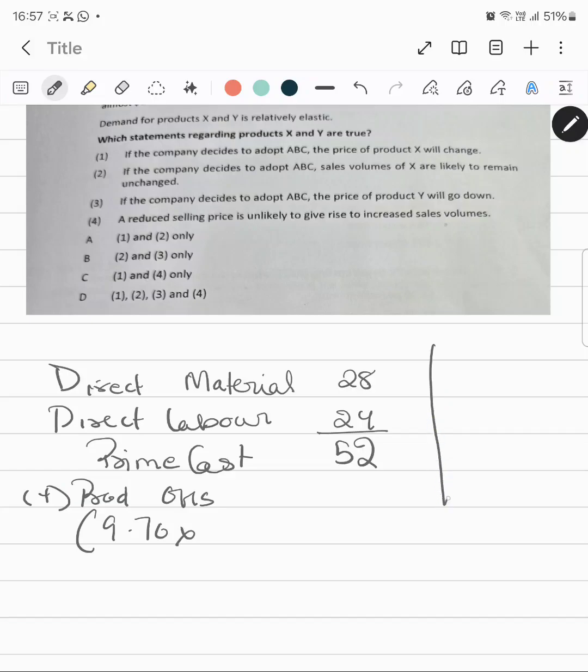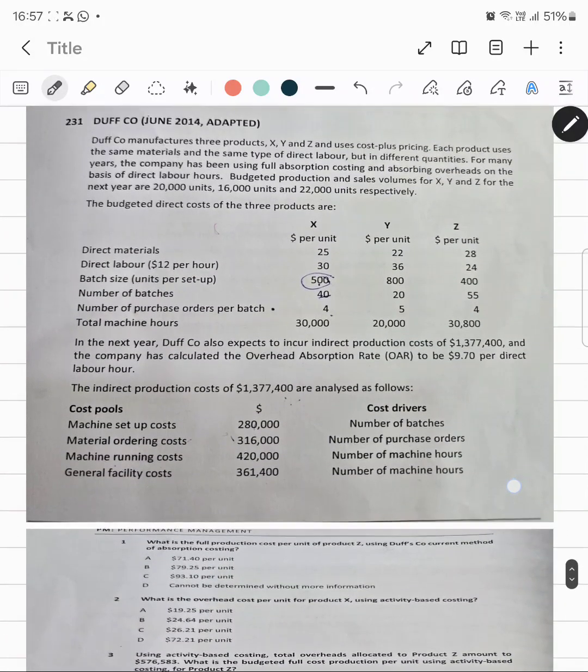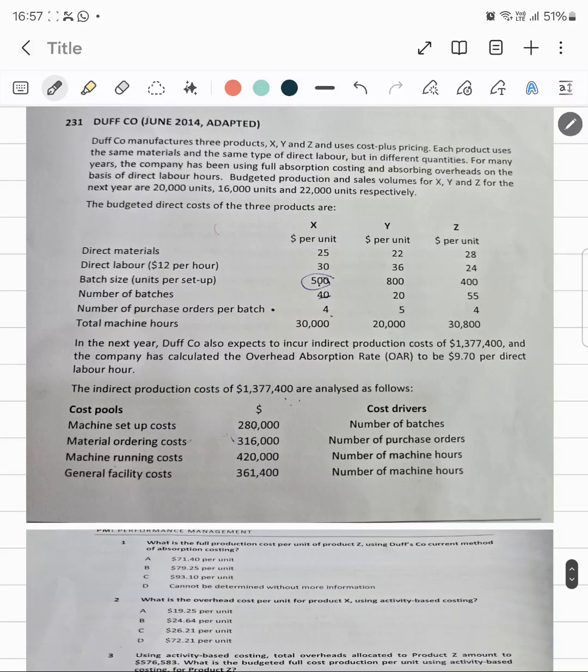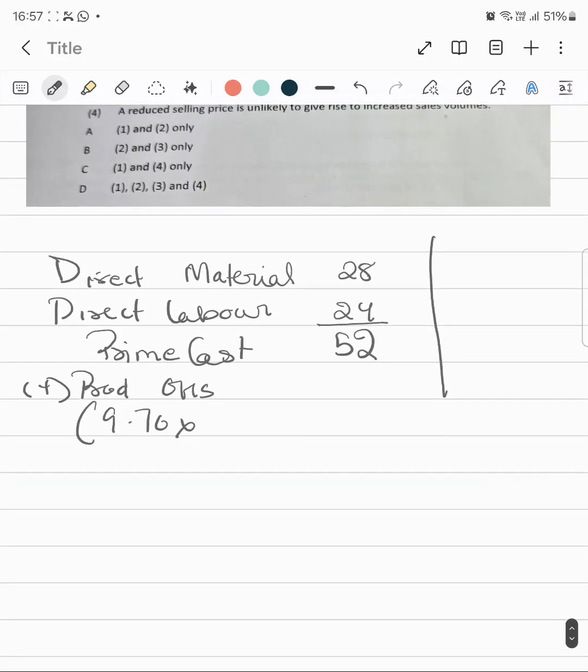Has the hours figure been given in the question? Let me check. No. The per hour cost is given, that is 12. If the per hour cost is 12 and the total cost is 24, the number of hours utilized is 2.